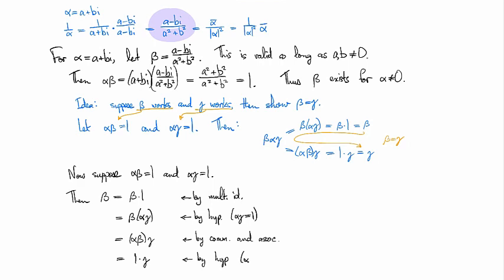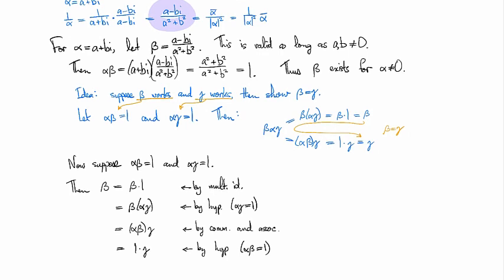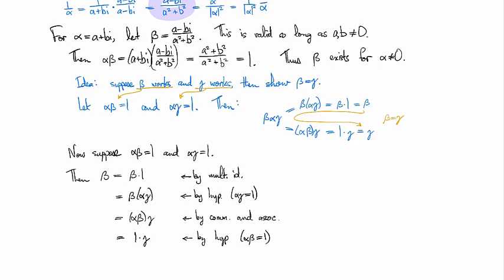And this time it's the hypothesis that alpha beta equals 1. I included that in parentheses because we have a couple hypotheses, so I'm just clarifying which one. For something like this, it's pretty simple and kind of clear, but it's a good habit. And then that's equal to gamma by the multiplicative identity property. Okay, and that gives us a nice, tidy, straightforward proof.